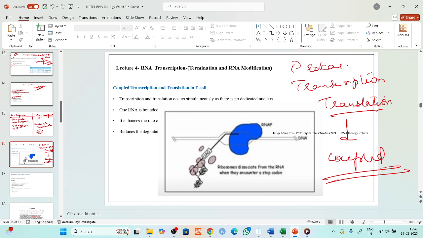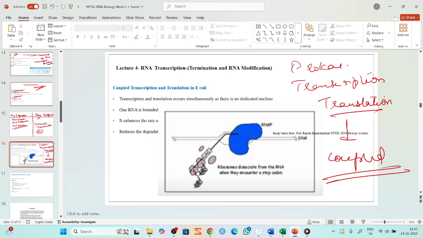You also have to have some post transcriptional modifications, so it cannot happen coupled, because the place where transcription happens is not the place where translation happens.